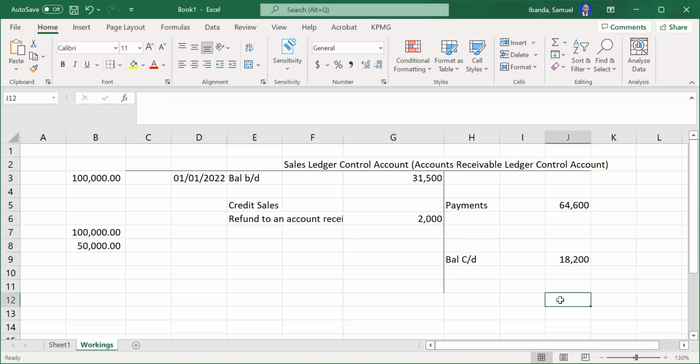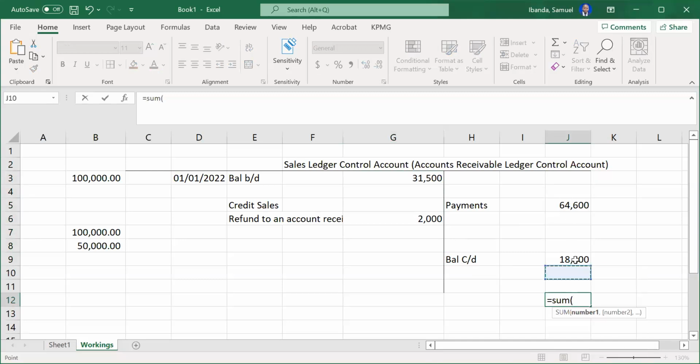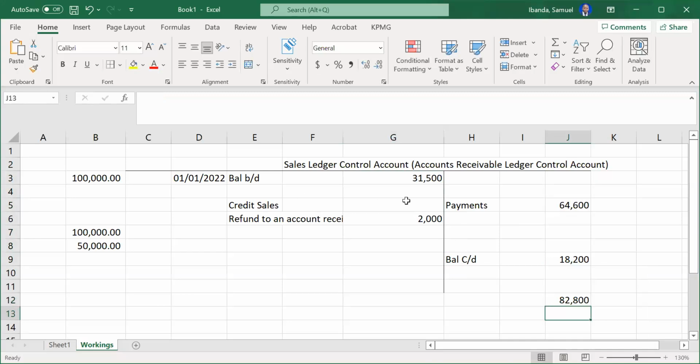What that means is that the balancing figure is going to give us our credit sales, because we don't have a value for credit sales here. Every time we have a sales ledger control account, we shall always have credit sales. So the balancing figure is usually the credit sales.